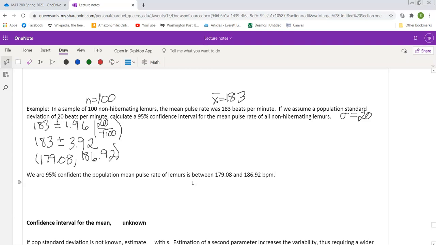But we know the sample mean for 100% certainty. It's the population mean we're trying to estimate. So you want to be sure and state that that's the population mean. All right, so that's our interval.